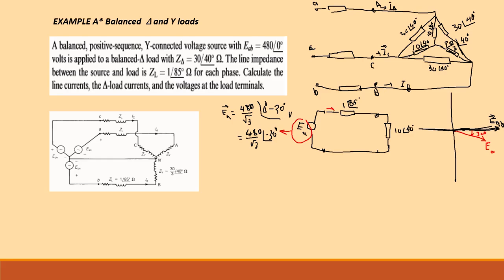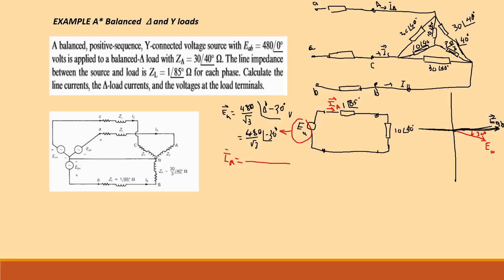Now, if we want to calculate IA, it is simple to calculate. As you see from the single line diagram, the voltage EA is applied to the impedance of the line and the impedance of the load.